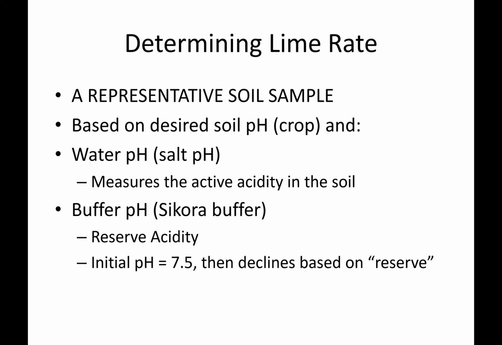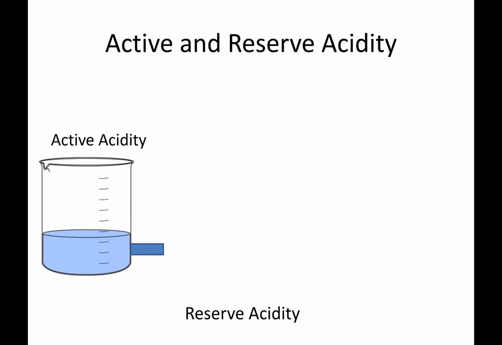If you're growing blueberries or something else, that's different, but we're talking about row crops and your forages, 6.4 to 6.8 is our range. And then based on our water pH and our buffer pH, that's how we determine how much acidity we need, or how much lime we need to apply to neutralize that acidity.